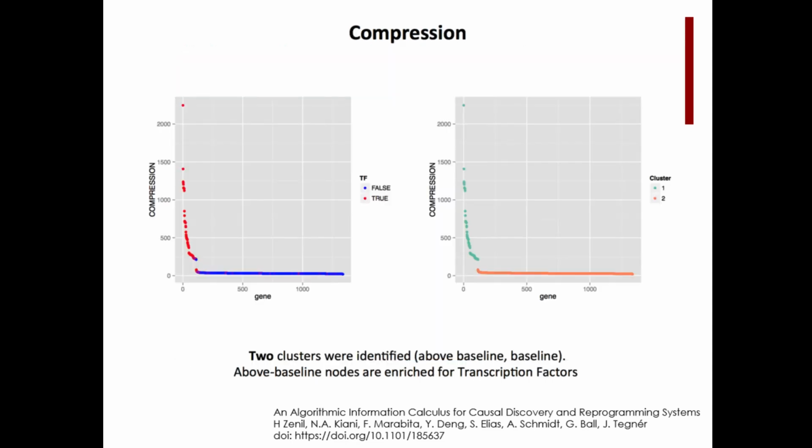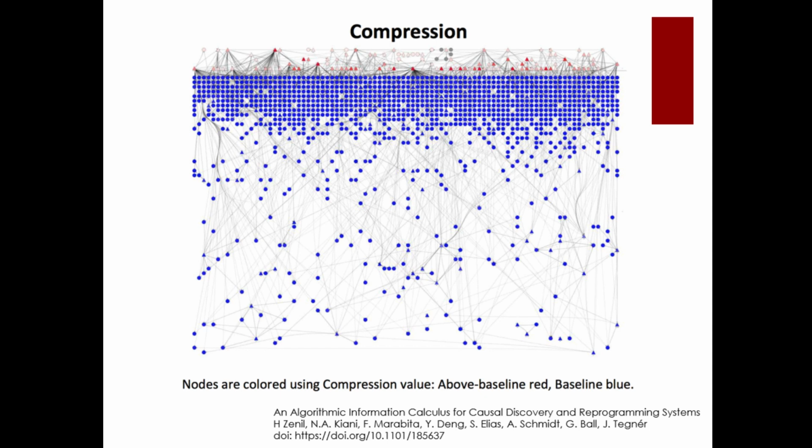And only 2 clusters could be identified using lossless compression, in this case with the compressed algorithm, dividing cases into above baseline and baseline only. Above baseline, nodes were enriched for transcription factors, and no significant groups were found after the enrichment analysis.